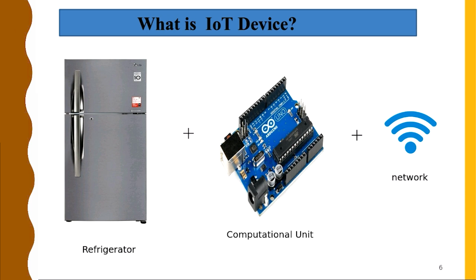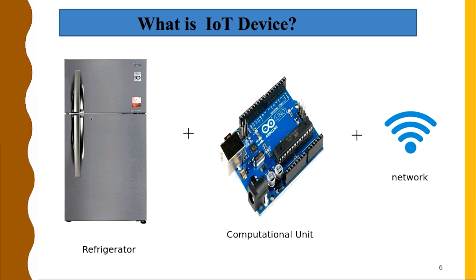Then the third thing: when it is connected to the network, and it checks that I am low in these things and places an order for me, and all the things are at my doorstep without involving me, then I can call that refrigerator an IoT device.